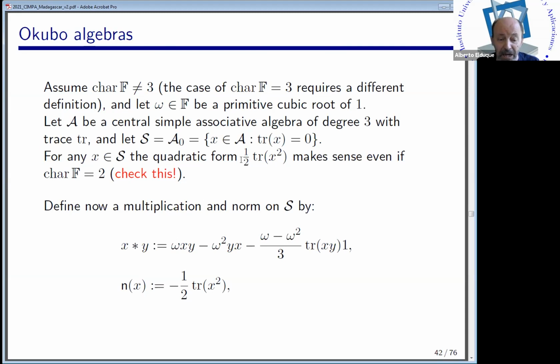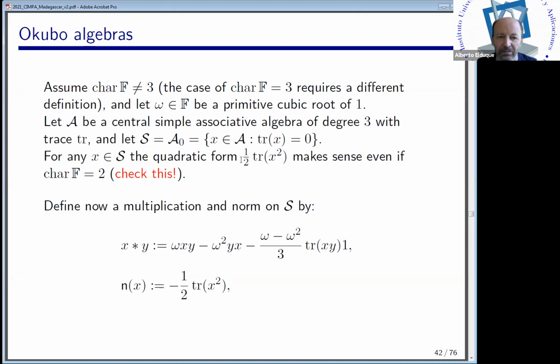And in this 8-dimensional subspace of zero trace matrices, we define a product by multiplying the matrices xy, then yx, taking a suitable linear combination, and then adjusting to get a zero trace matrix. And with the natural norm that appears defined in this 8-dimensional space, we get another example of symmetric composition.